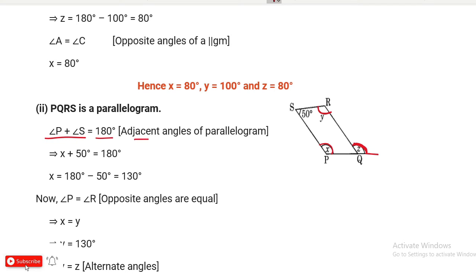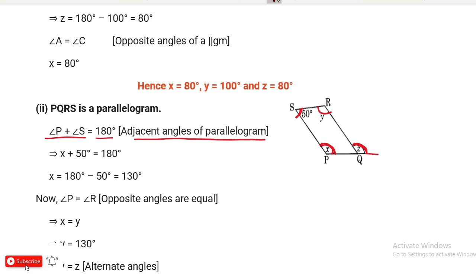Why? Because adjacent angles of a parallelogram sum to 180. Angle S and angle P will be equal to 180.